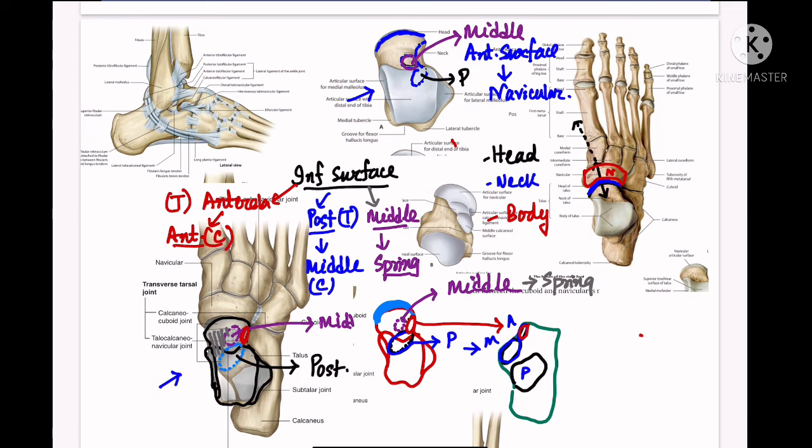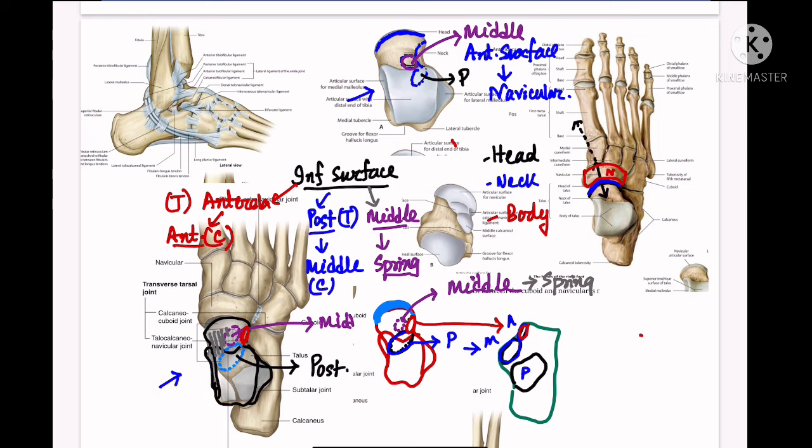So I have shown you how the facets on the undersurface or inferior surface of the head are all present on the inferior surface of the head. They are articulating with their corresponding facets.